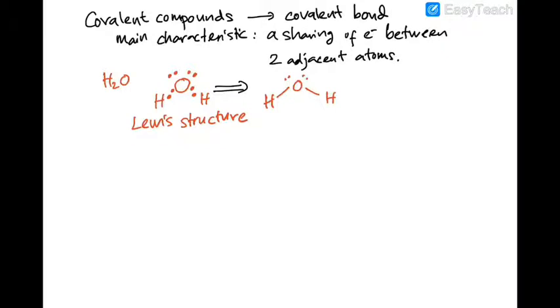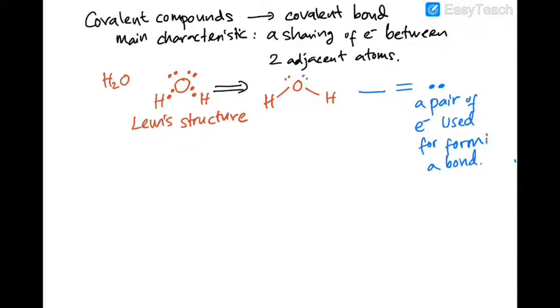One line equals 2 electrons, or what we call a pair of electrons used for binding, or used to form a bond. Used for forming a bond.